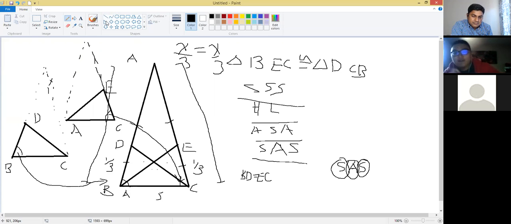She has to memorize the 4 things: SSS, AAS, SAS, and what's the third one? ASA. That's step 1. Step 2, she has to know how to use them to prove 2 triangles are equal. That's her weak part. If she can deal with that, that's okay for her.